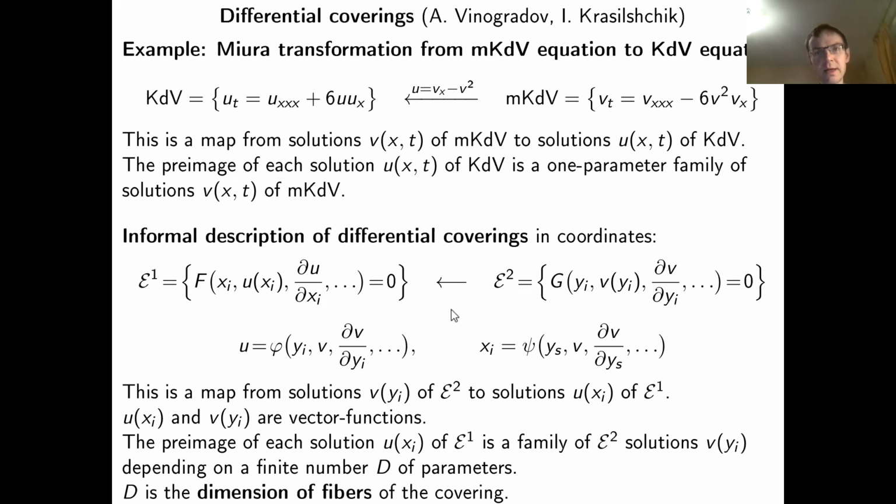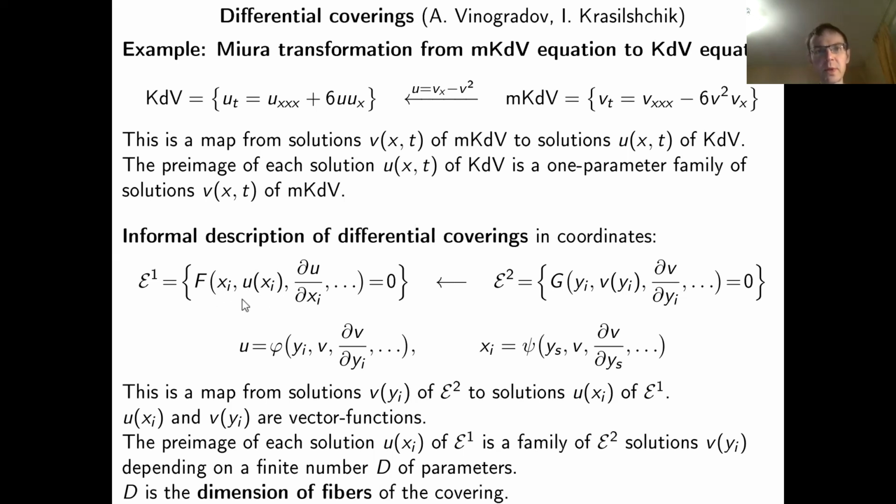Now, an informal description of differential coverings in coordinates is a generalization of this example. So first I give this informal description in coordinates, and in a few minutes I will present a geometric coordinate independent definition. But now let's consider the coordinate description. We have one PDE E1 with independent variables x^i and unknown functions u.